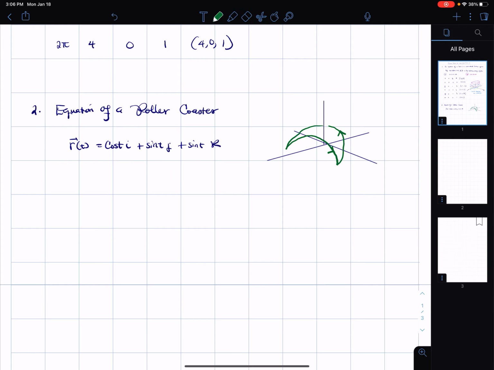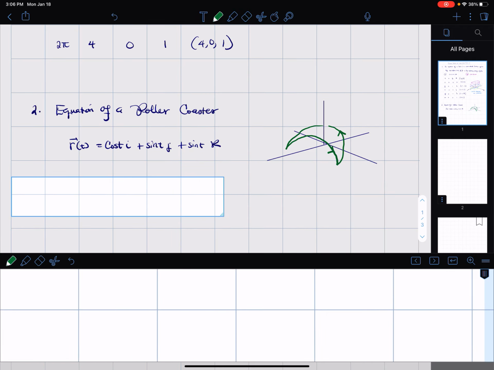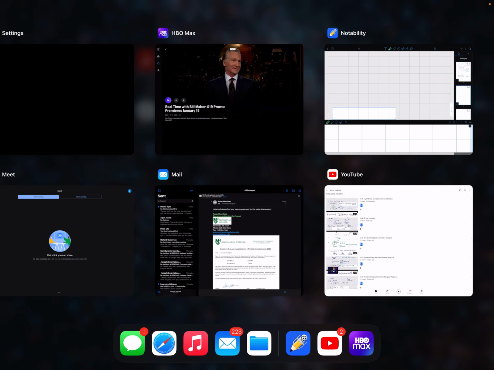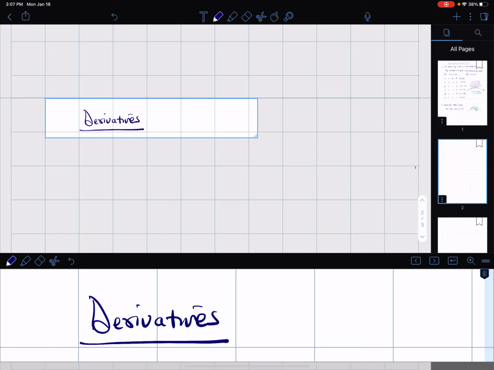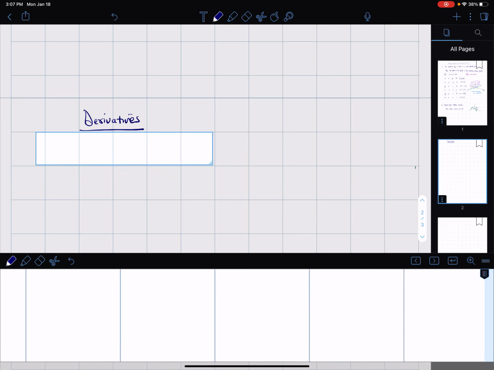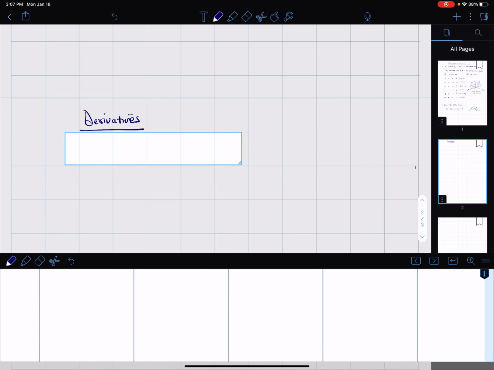For vector valued functions, just like we have derivatives for non-vector valued functions, we can find the derivatives of a vector valued function. All we're doing is finding the derivative one component after the other.